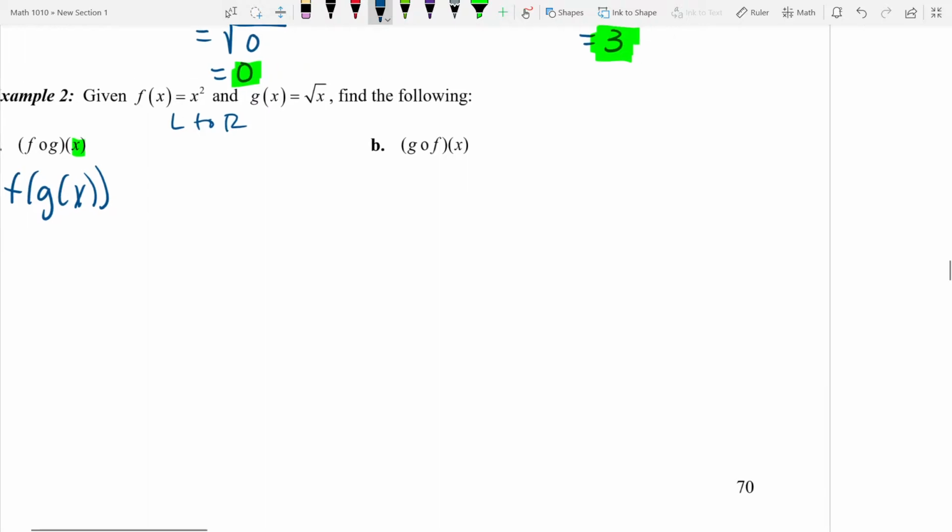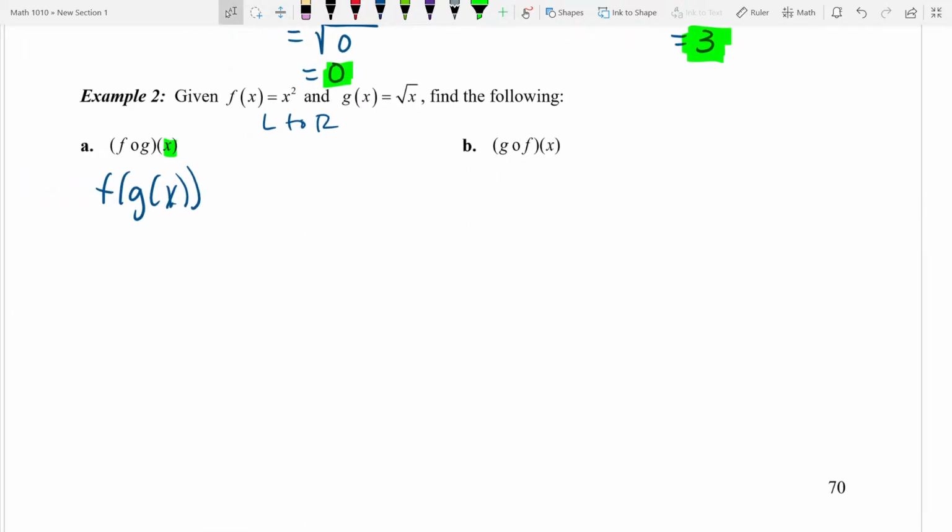Then replace that g of x with what g of x is. So that is f of the square root of x. Now go into the f of x, and where you see an x, replace it with the square root of x. So that's going to be the square root of x squared. What is the square root of x squared, everybody? X. Yep, that's what that one's equal to.